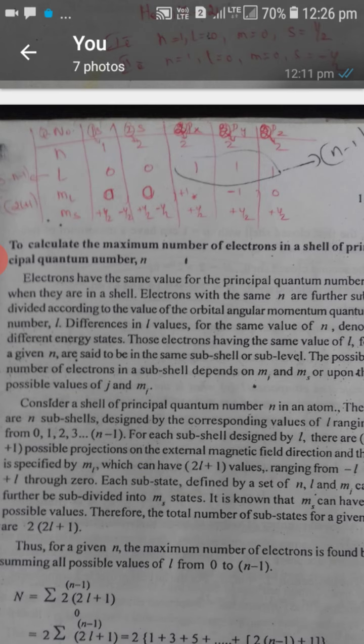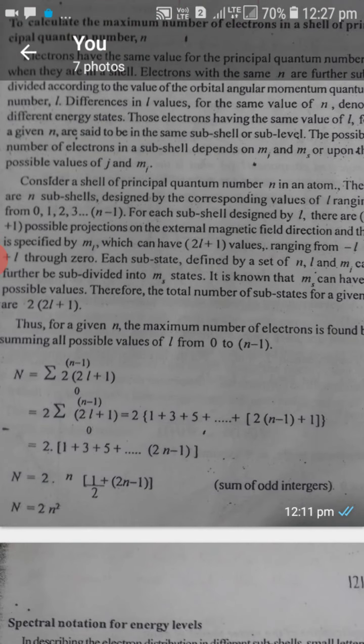Therefore, the total number of substates for a given l is 2 into 2l plus 1. The l value ranges from 0 to n minus 1. Therefore, the maximum number of electrons is n equal to the summation of 2 into 2l plus 1, with limits from 0 to n minus 1.